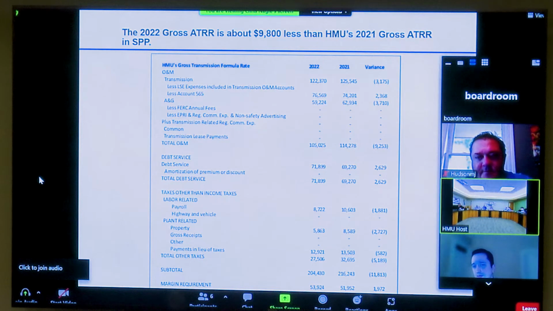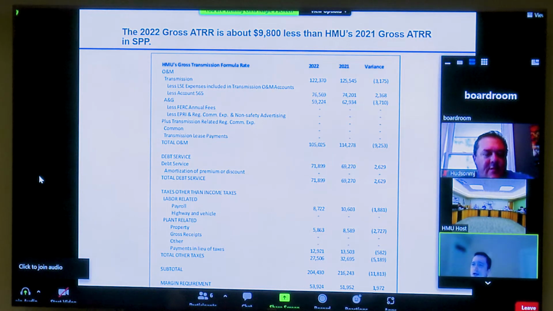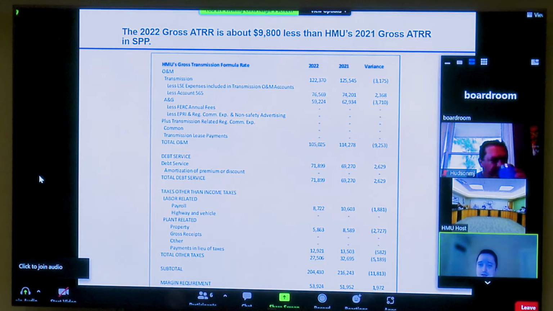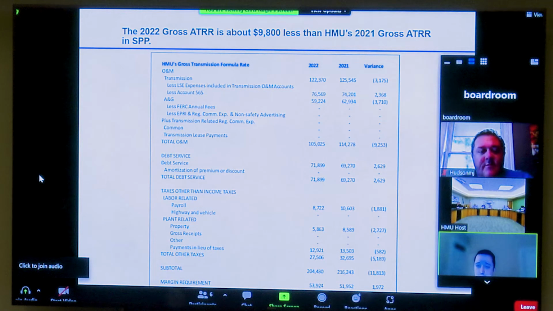Yeah, so for 2022, what inflationary factors, if any, were factored into this estimate? So the one thing that I will say is that the costs that you see in this comparison are all actually incurred costs. So that 2022 column refers to the rate year at Southwest Power Pool, or SPP, that these costs are put into effect.